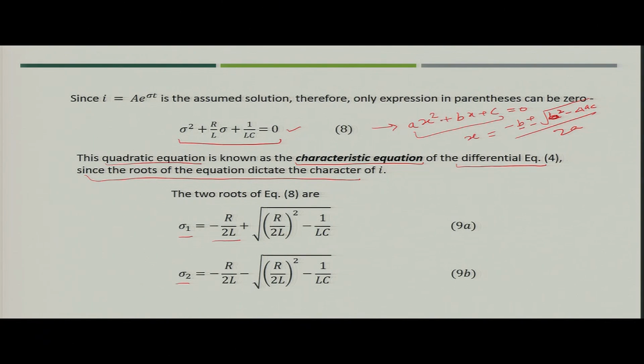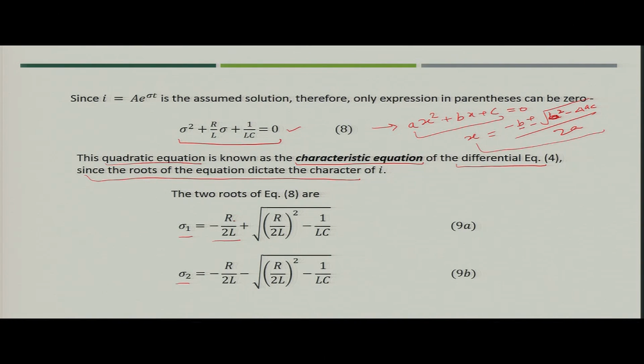If you compare, this would be slightly different. We have to simply compare it with ax² + bx + c = 0.